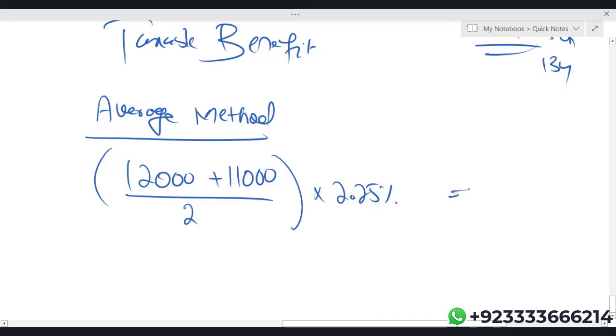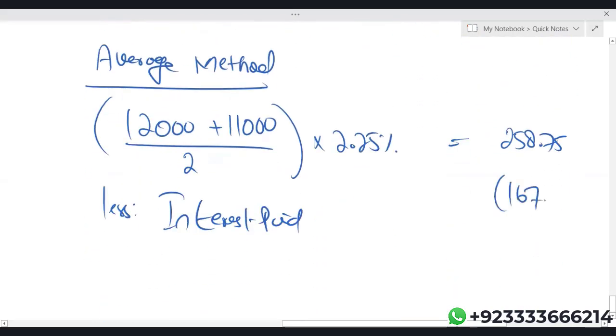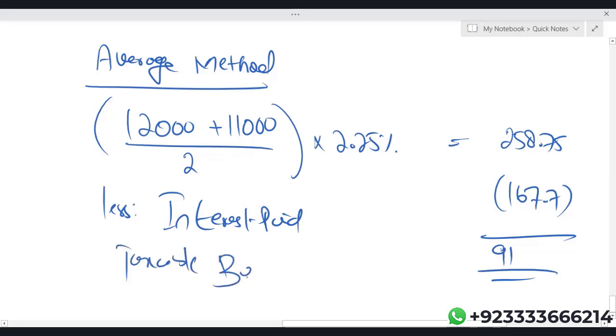So 12,000 plus 11,000 divided by 2 gives 258.75, less the interest payment. Obviously, the interest payment is the same in both the methods: 160. So I'm getting 91.05, so we'll take 91. Please students, check, everyone should have the same result. So the taxable benefit is 91, and we'll go with the average method. Am I right?